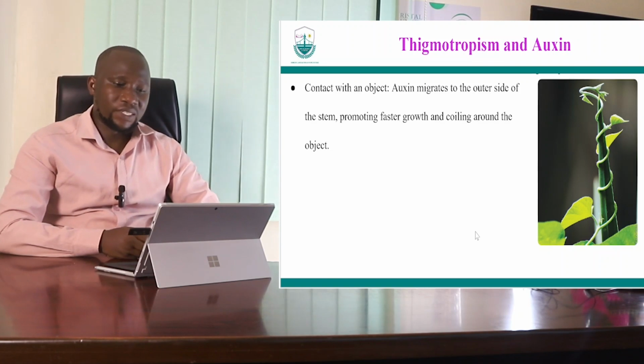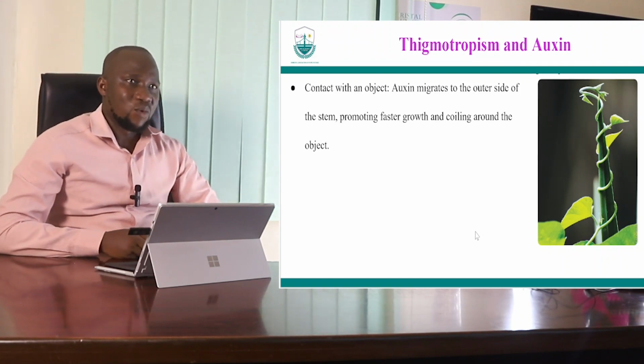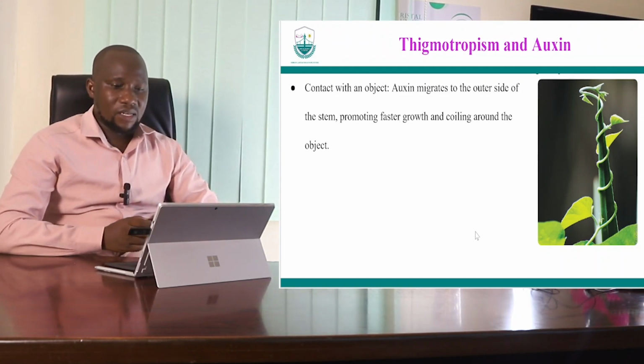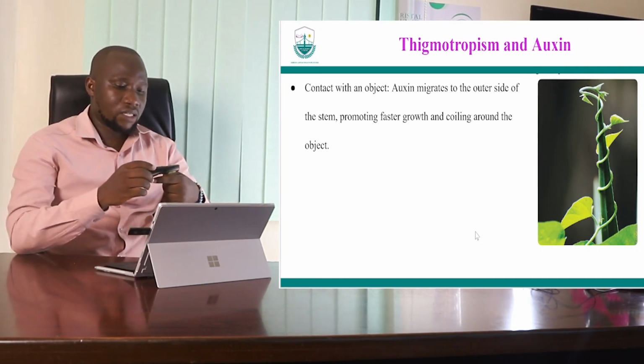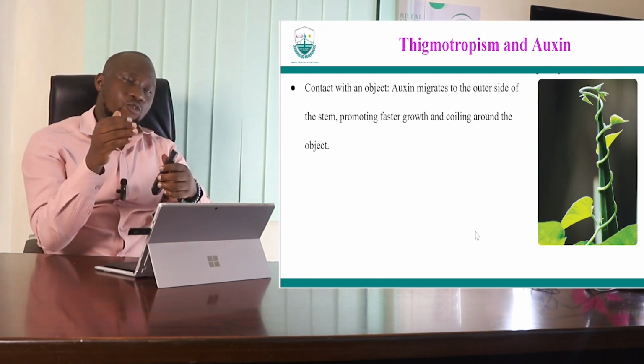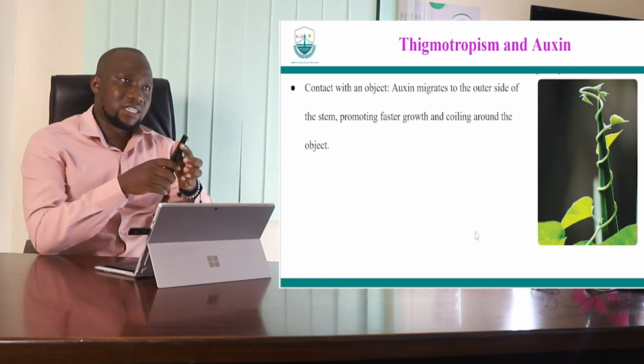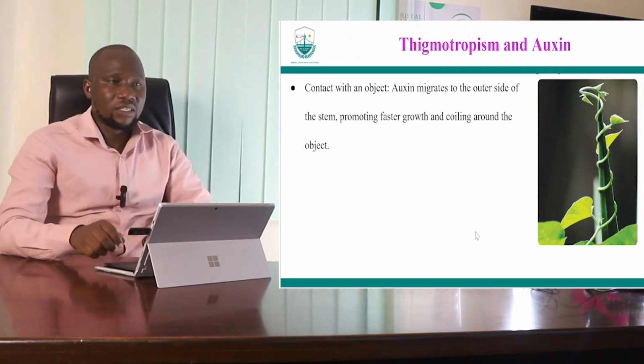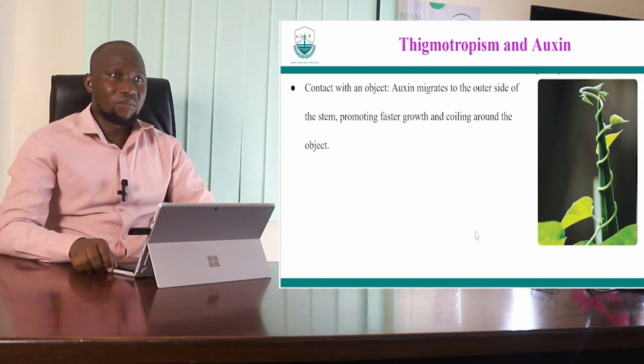Thigmotropism and auxins, still the same concept. The tendrils are just those elongations from a climbing plant that can attach around the supporting plant.